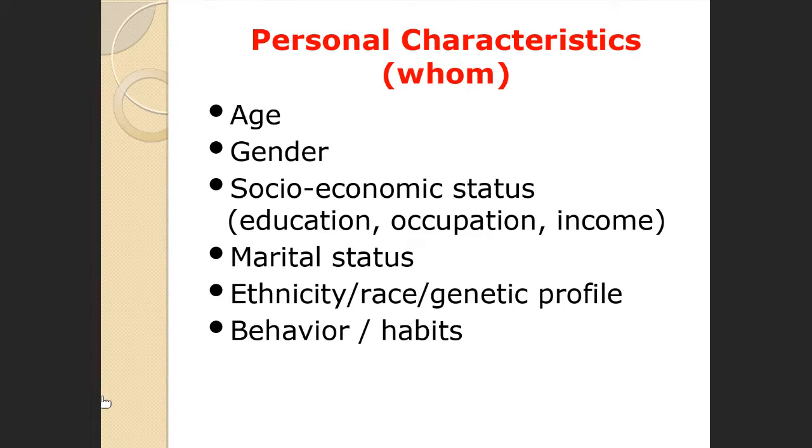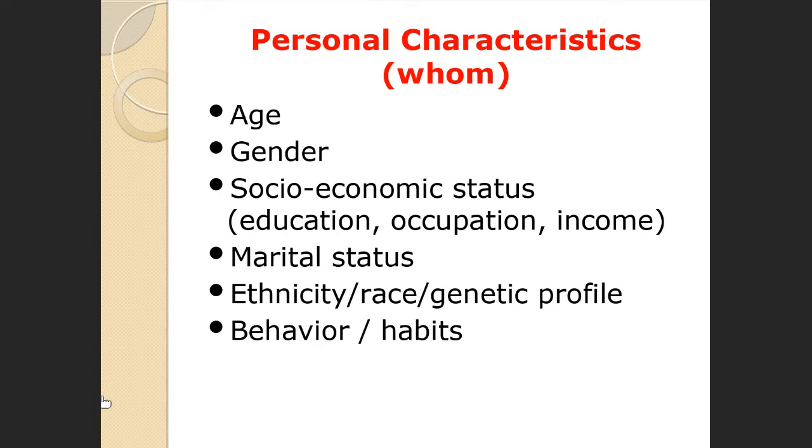Also regarding prognosis of some chronic diseases, for example cancer, poor people may have a higher mortality rate than rich people because rich people have access to health services. Also, marital status.